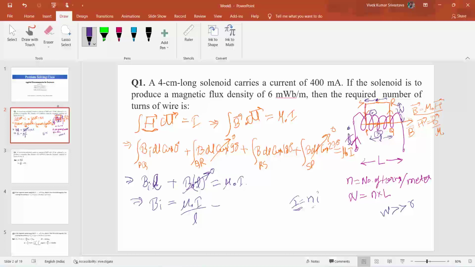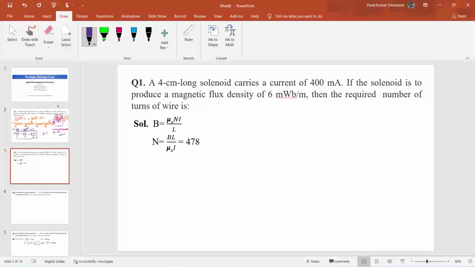So we replace capital I with mu naught n into i, where i is the current flowing through this solenoid. So this B is defined as mu naught n i by l.